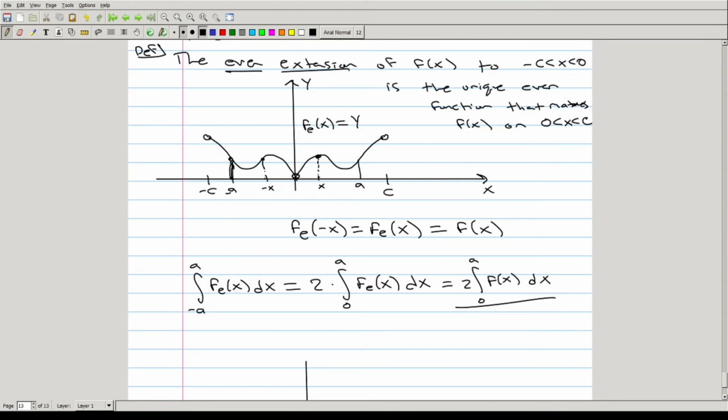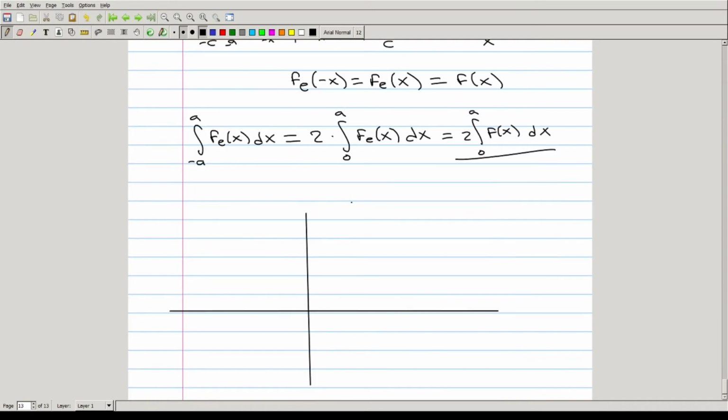And this is typically shown in an undergraduate calculus class, but it becomes very, very important to use when we're simplifying and calculating Fourier coefficients. So it's going to be very, very useful.